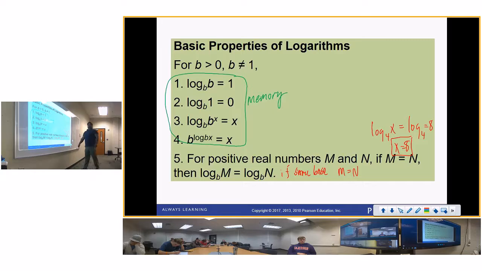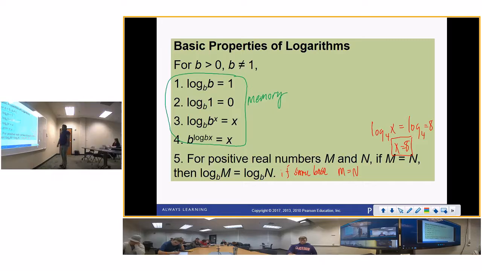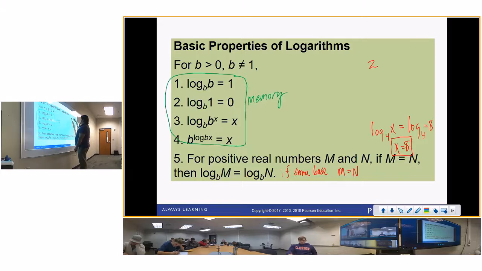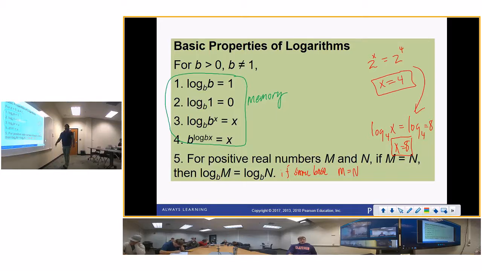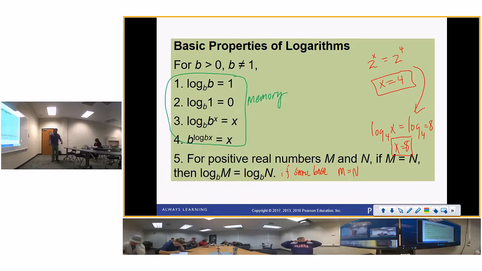Kind of like the exponential law. The exponential law that says that is if you have 2 to the x is equal to 2 to the 4th, then x is equal to what? 4. Those are the same laws. If the base of the exponent is the same and the base of the logarithm is the same, you can set the functions equal to each other.